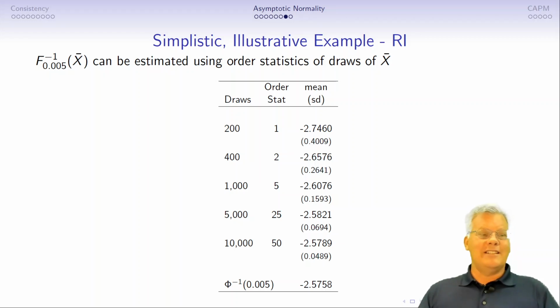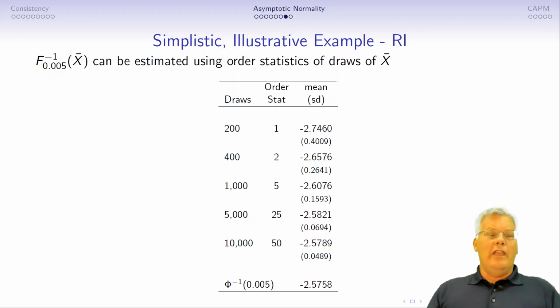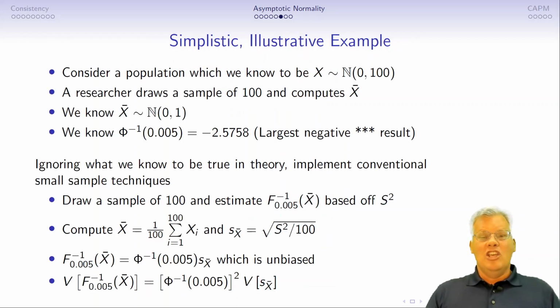So contrast this with the Monte Carlo or randomization methods. Right? So in this previous slide, I showed you how you would compute this using conventional small sample methods. But remember, the whole reason for doing a Monte Carlo or randomization study is if we don't know the underlying distribution. We don't know this underlying distribution of x.